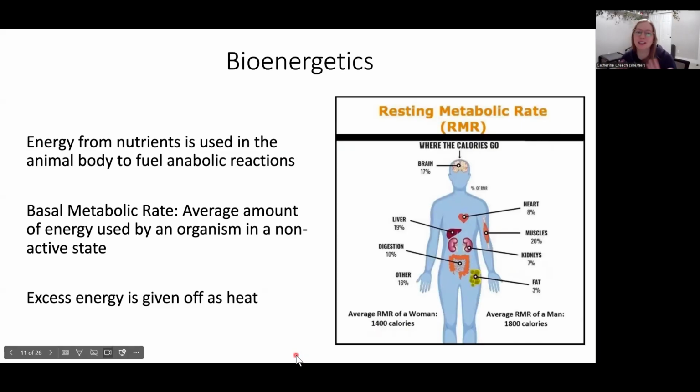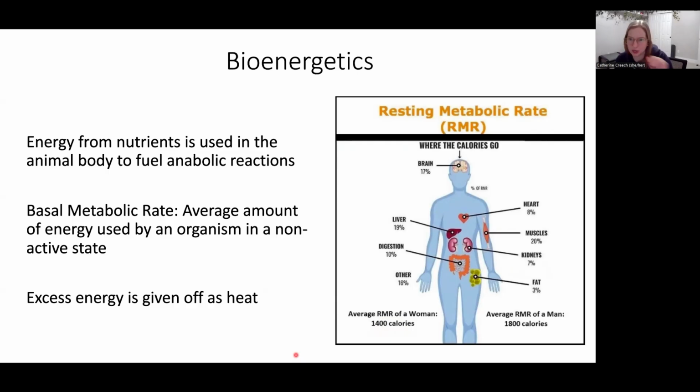Bioenergetics is using energy from your food and how those energies can be used to keep you going, because it's really expensive to have a multicellular body. The basic amount of energy you need to just stay alive is called your basal metabolic rate.